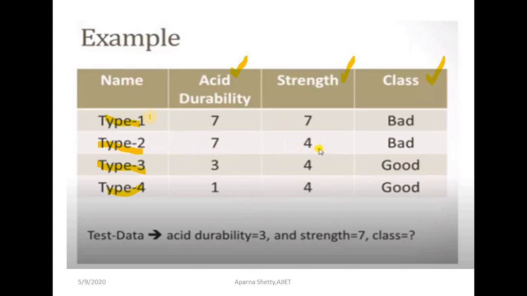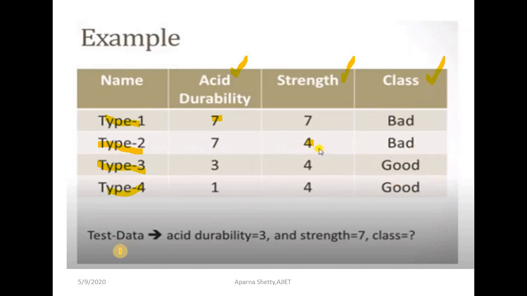Type 1 has acid durability 7, strength 7, and is classified as bad. Type 2 has acid durability 7, strength 4, and is bad. Type 3 has acid durability 3, strength 4, and is good. Type 4 has acid durability 1, strength 4, so its class label is good.